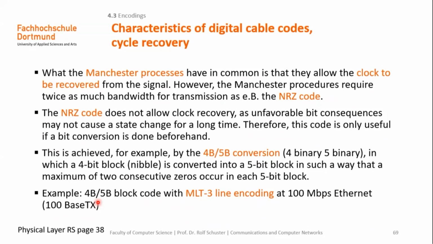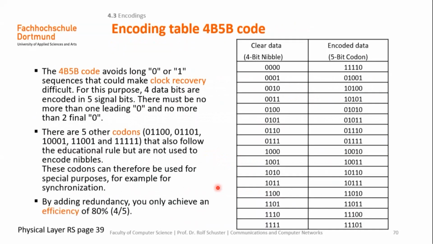Then we'll see 4B/5B encoding and MLT-3 line encoding. When we use a combination of encodings, for instance in order to provide clocking to some non-self-clocking codings, we could use this technique.